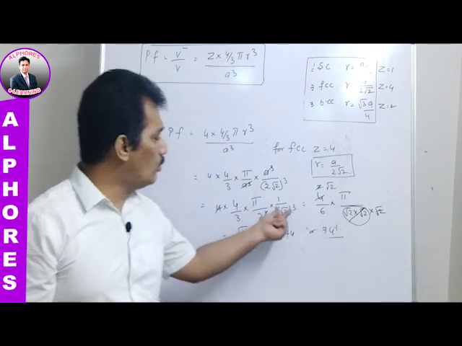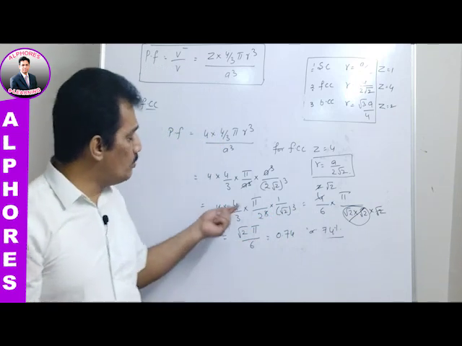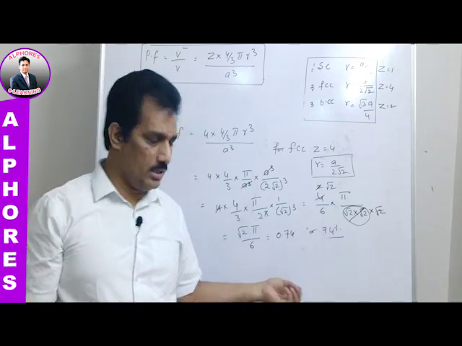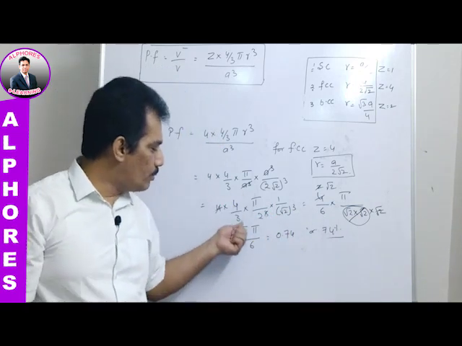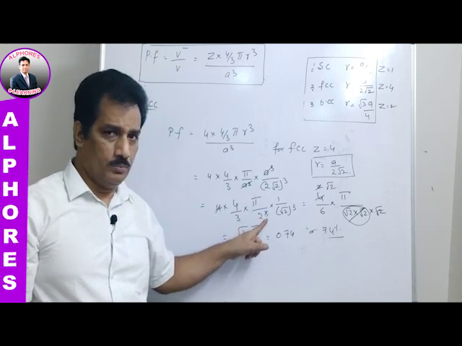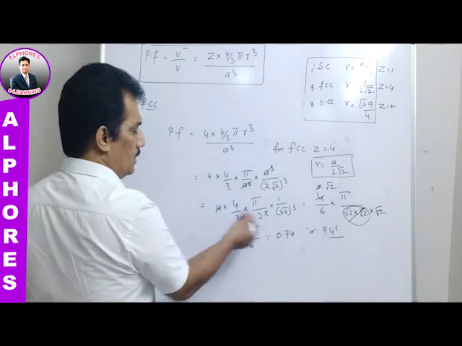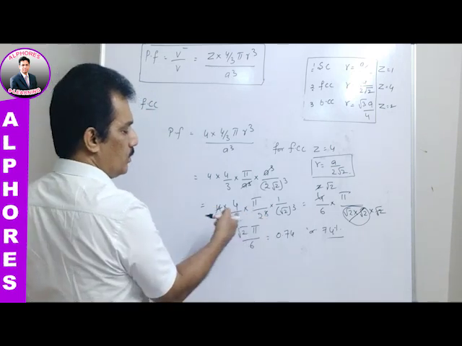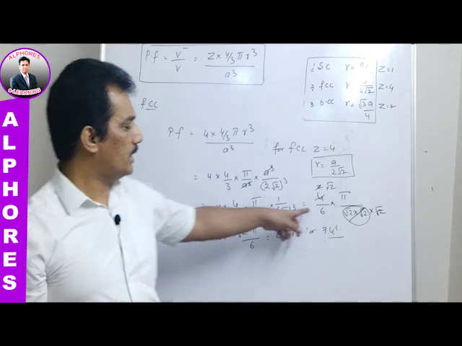You can solve on your own. I am just trying to make it easy to understand. It is 4 into 4 by 3, 2³. We can write 4 into 2, so that 4 cancels. The remaining 2 is multiplied with this 3, and we are getting 6.